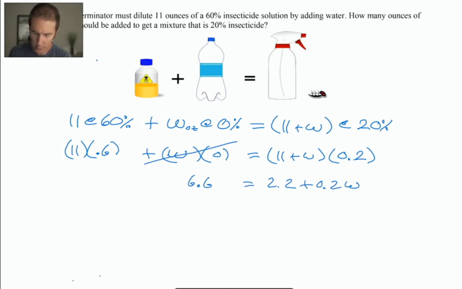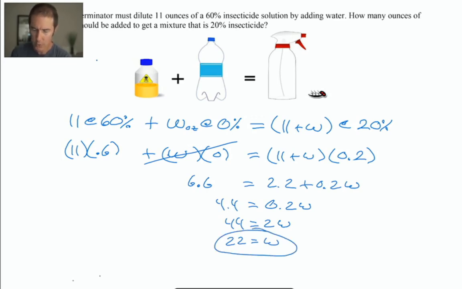Subtract 2.2 from both sides and you get 4.4 equals 0.2 W, and then divide both sides by 0.2. If we multiplied both sides by 10, we'd have 44 equals 2W. So divide both sides by 2 and you get 22 equals W. So it looks like we need to add 22 ounces of water.